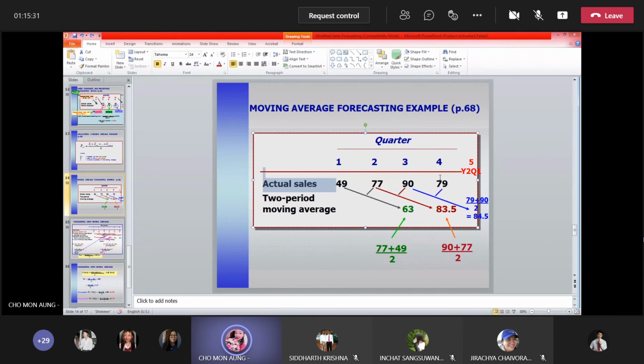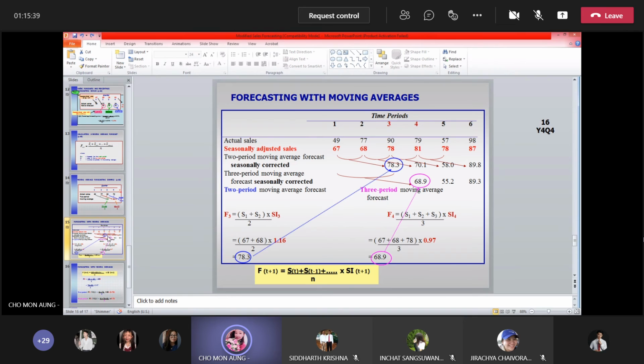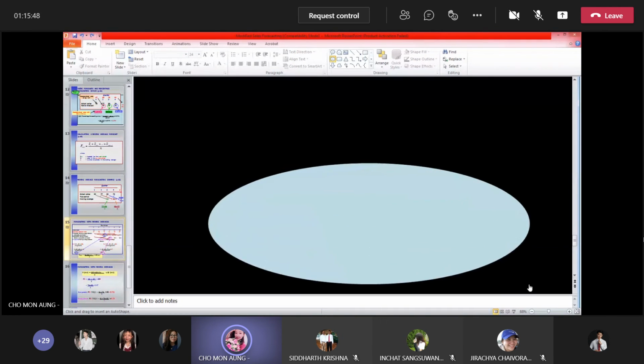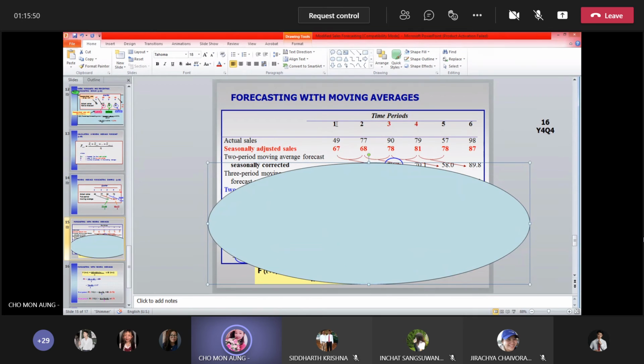By using actual sales, we can make a lot of forecasting errors. Even in moving averages, we try to use seasonally adjusted data. Look according to what I highlight, okay?